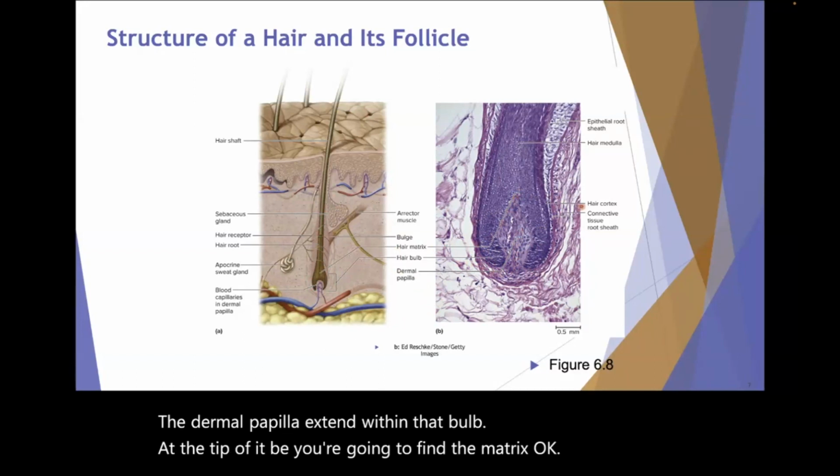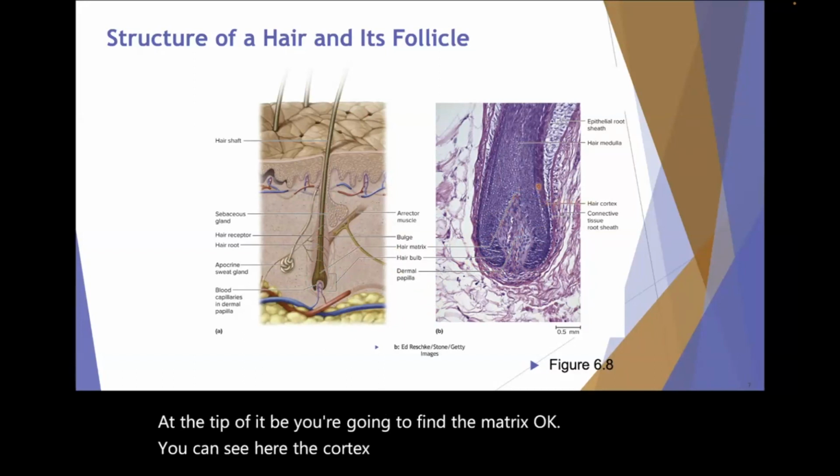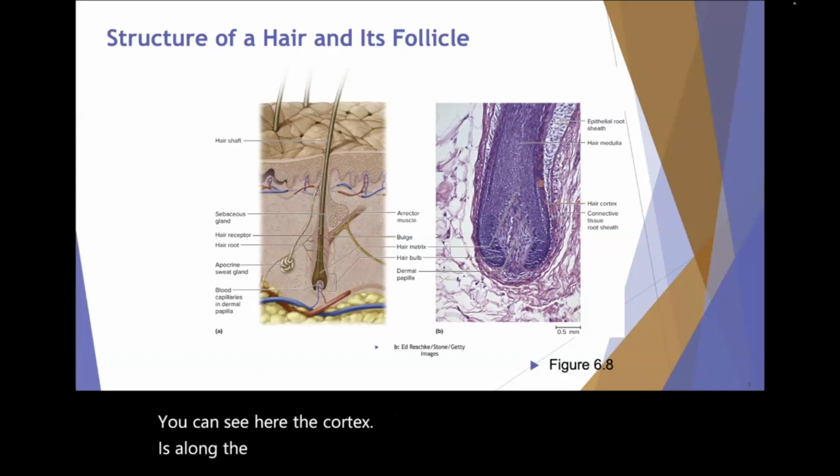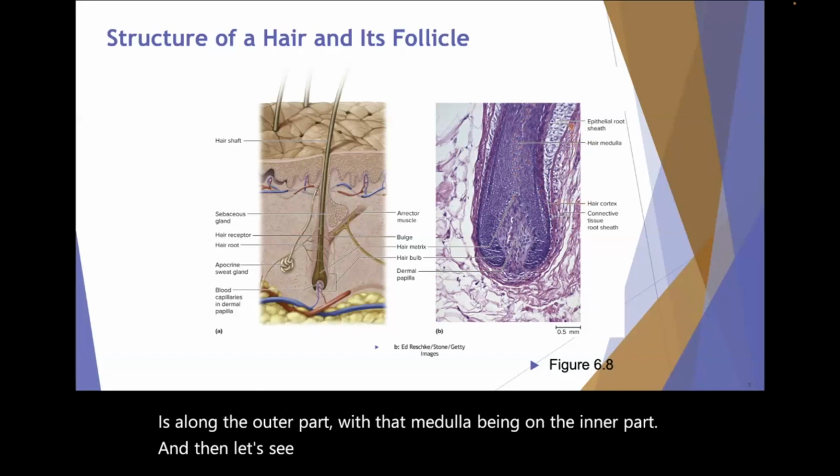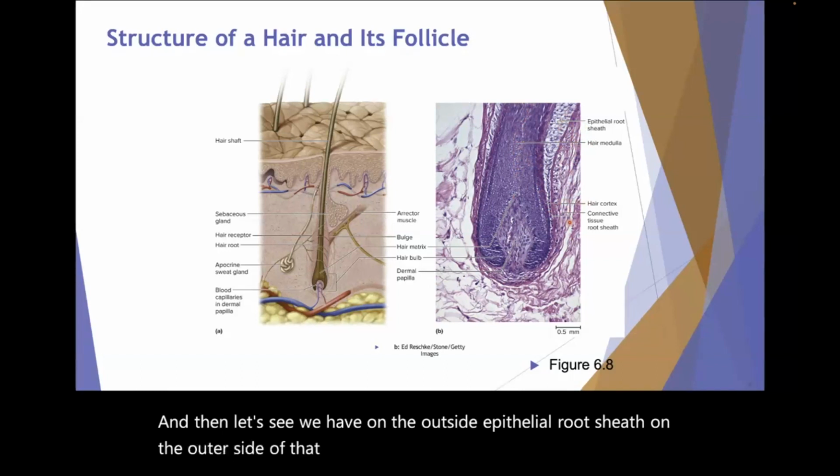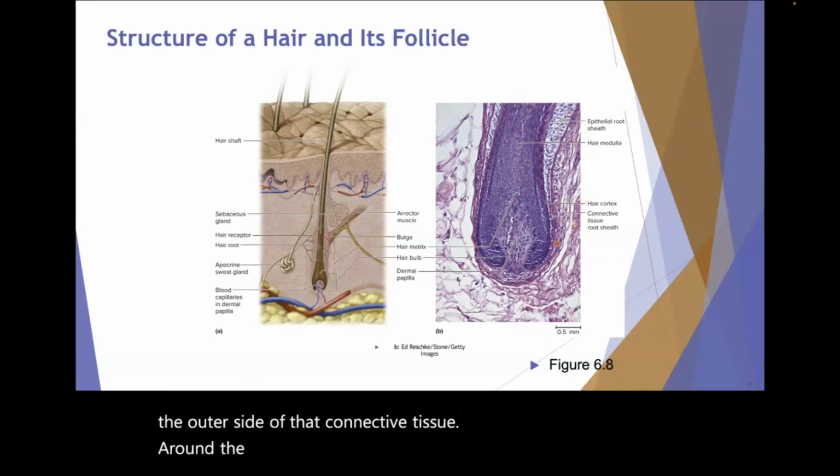You can see here the cortex is along the outer part, with that medulla being on the inner part. And then let's see, we have on the outside the epithelial root sheath, on the outer side of that, connective tissue around the root sheath. That's a hard word to say, yeah.